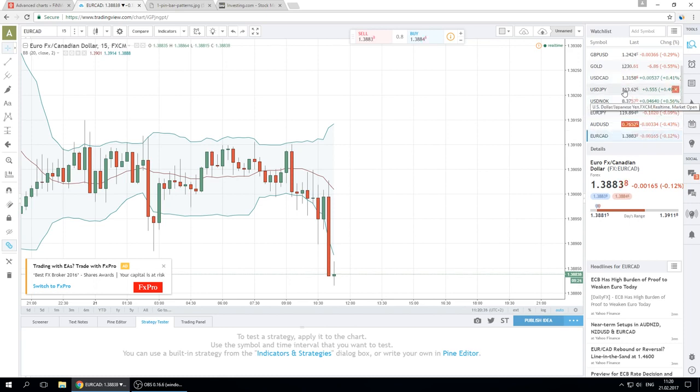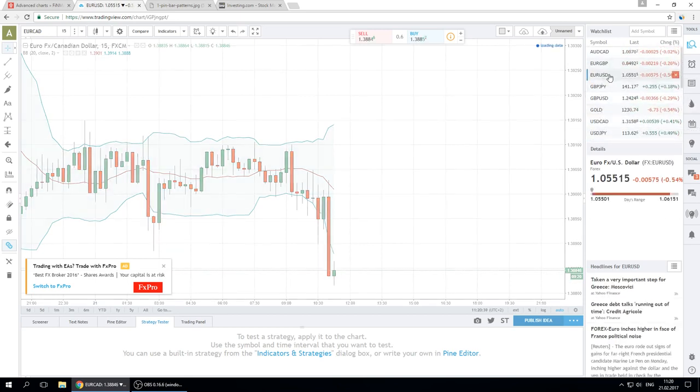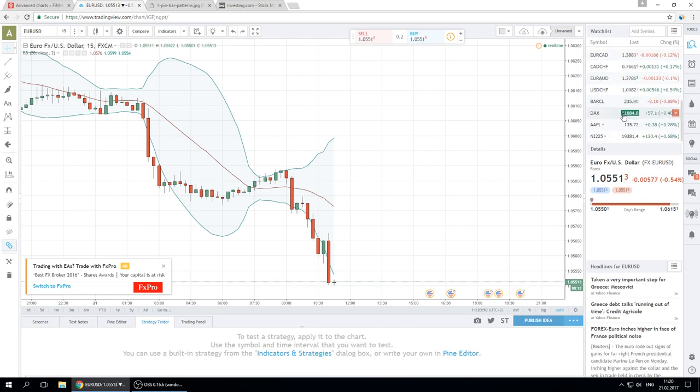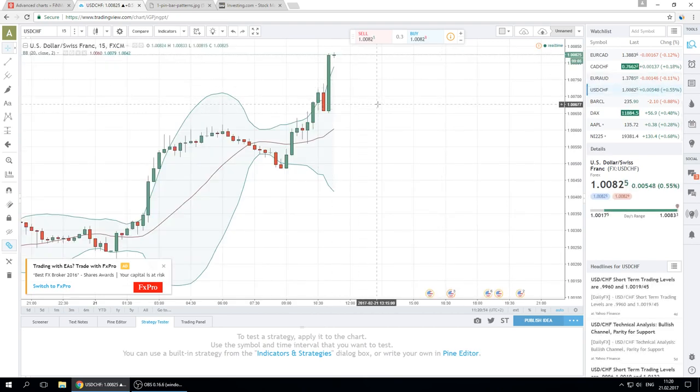Euro Canadian dollar, it can be compared to what we saw on Euro American dollar, but still we need to wait for the next candle to appear. You can check for the further events yourself and see what will happen next.